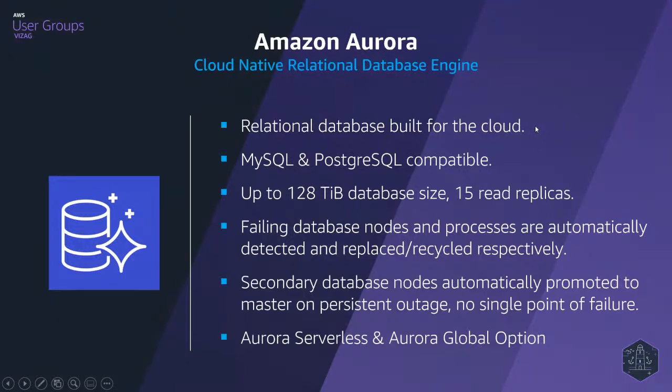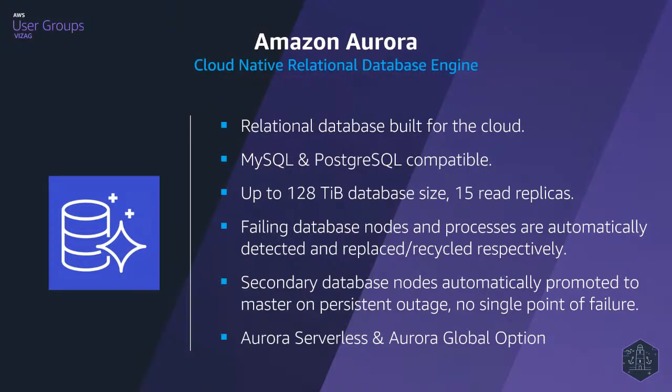So in RDS, remember I told you that you don't have to manage the actual server, you don't have to worry about patching the server, you don't have to worry about updating the server, but you still had to take care of the actual processes running on the server, and you still had to manage how your data is handled by RDS itself, right? Aurora goes one step further.